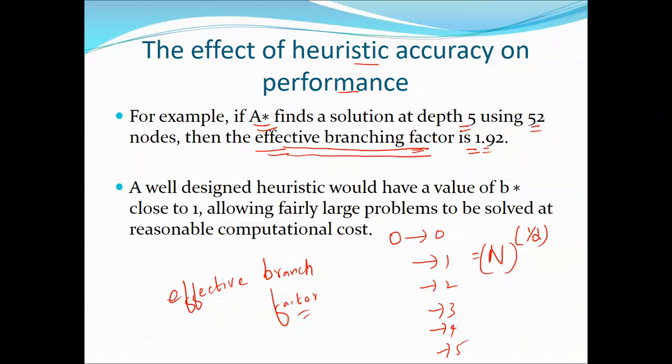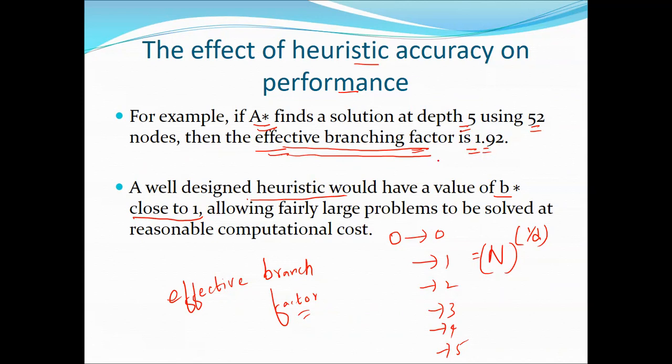And the study says that a well-designed heuristic would have an effective branching factor. Sorry, sometimes I'm saying branching factor. The research says that a well-designed heuristic function would have an effective branching factor close to 1. Close to 1, or something less than 2, is also fine.